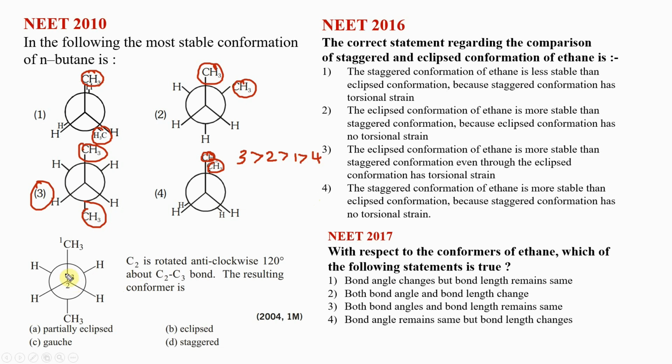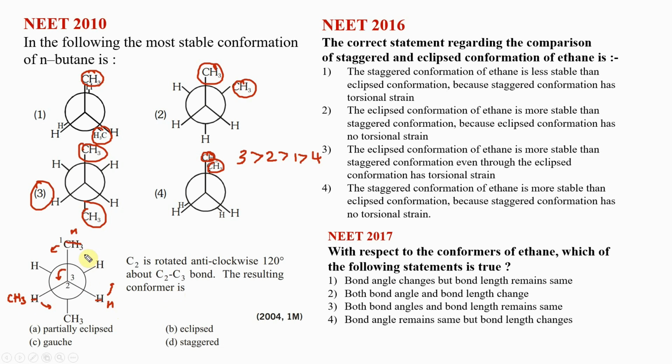C2 is rotated. So we are rotating carbon 2. It's rotated anti-clockwise. So I'm going to rotate it anti-clockwise 120 degrees. Correct? 120 degrees means this methyl will come here. This is going to go this way, this is going to go this way. 120 degrees means it will come here. CH3. This hydrogen will come here, this hydrogen will come here.